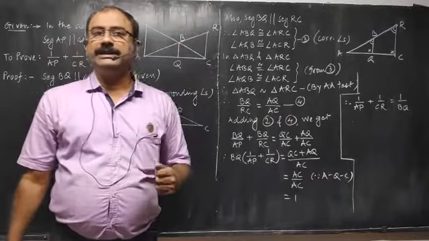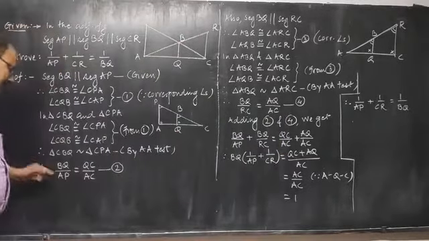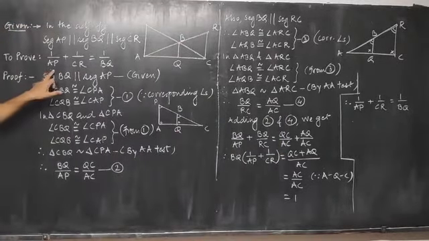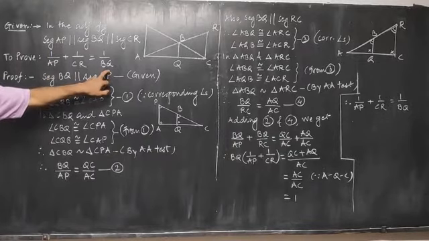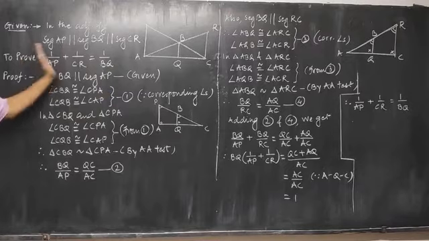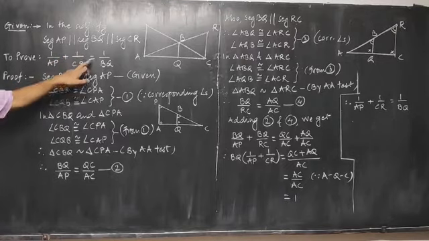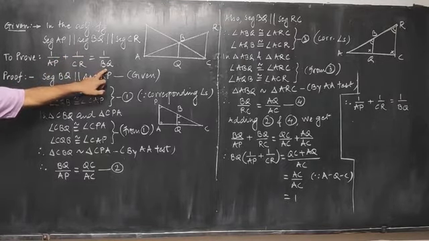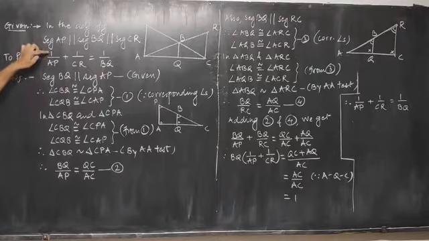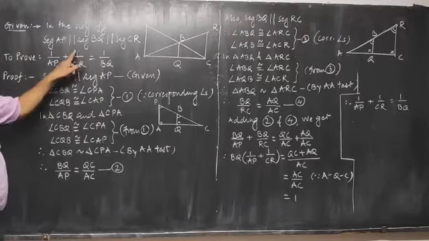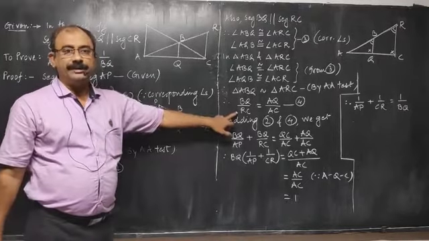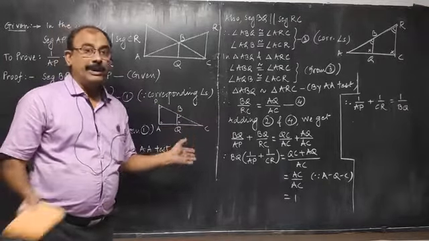Now the question lies, why did I calculate this ratio? Because when I observed the required result, what I tried to do, I multiplied both the sides by BQ. So here if we multiply by BQ, you will get BQ upon AP. Here also you will get BQ upon CR. BQ upon BQ will be equal to 1. Okay. So I wanted to get BQ upon AP, which I have calculated here. BQ upon CR, which I have calculated here. Okay, and now I am adding them.